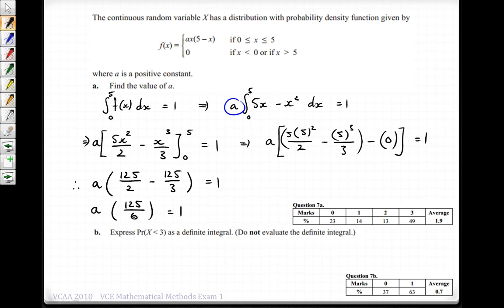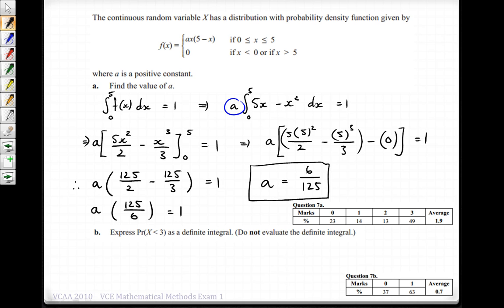So now all we do is multiply by 6 and divide by 125, and we isolate a, which is equal to 6 divided by 125. And that's the answer for part A of this question.